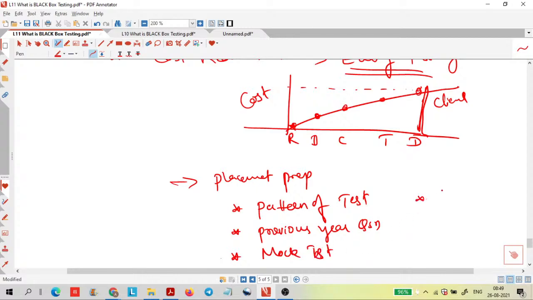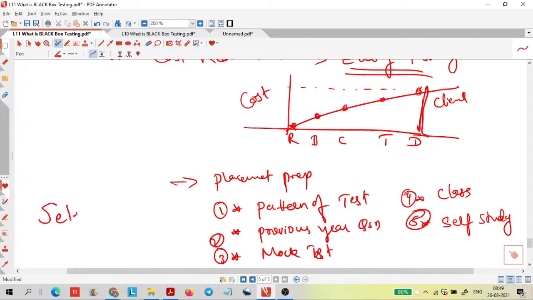Then you attend some classes. So you have your own strategy. These are the different techniques we can consider. This is one technique, this is the second technique, third. Okay, with various techniques, at the last you will get a selection.